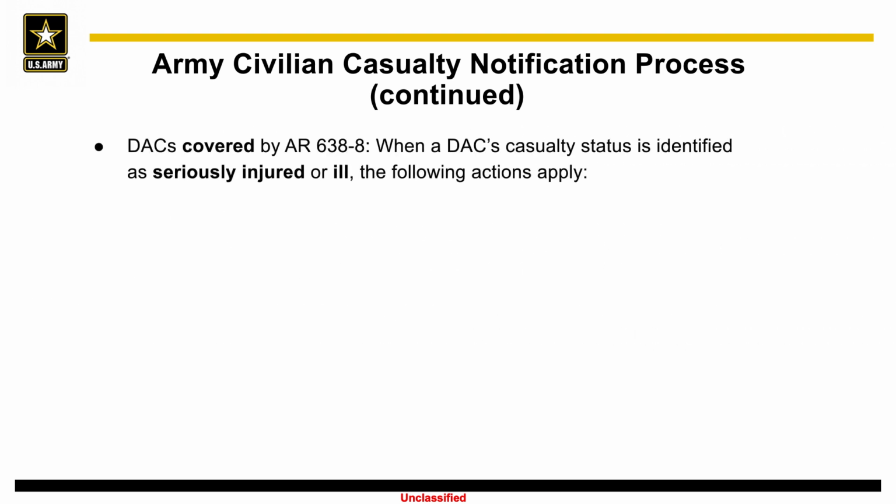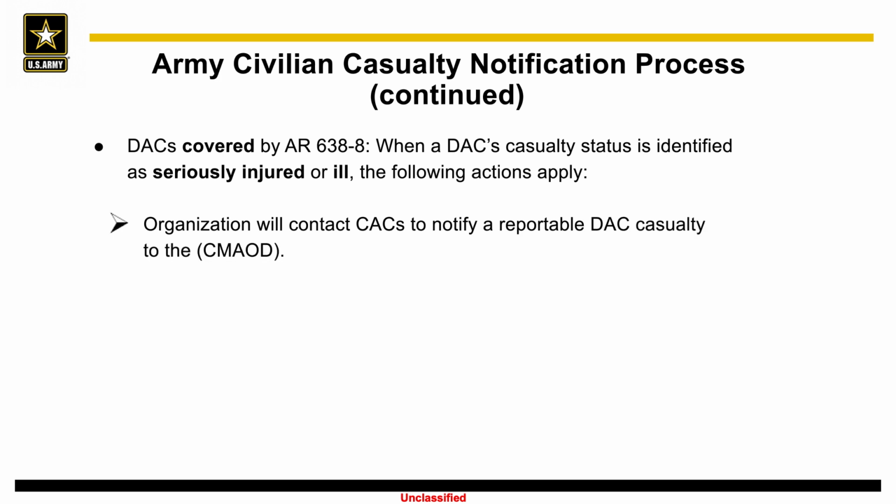2. When a reportable Army civilian employee's casualty status is identified as seriously injured or ill, the employee's supervisor or organization reports the Army civilian casualty to the local Casualty Assistance Center, so the local Casualty Assistance Center can report to the CMAOD.